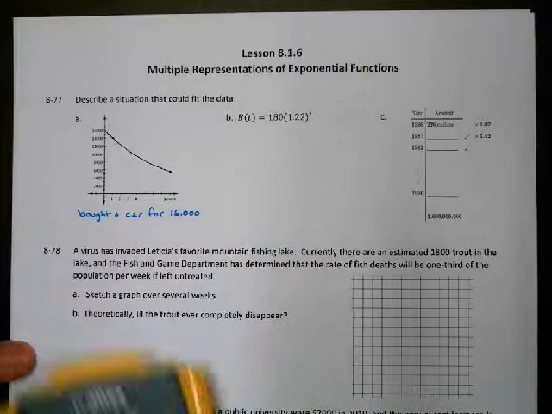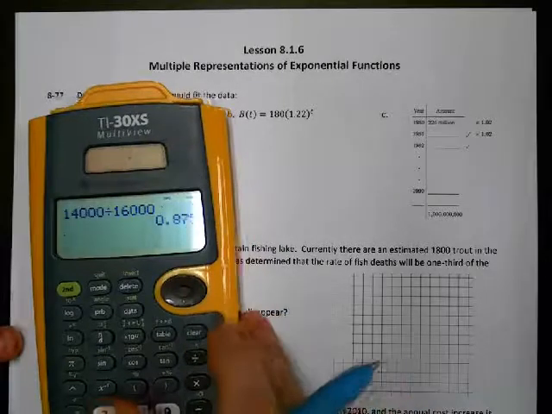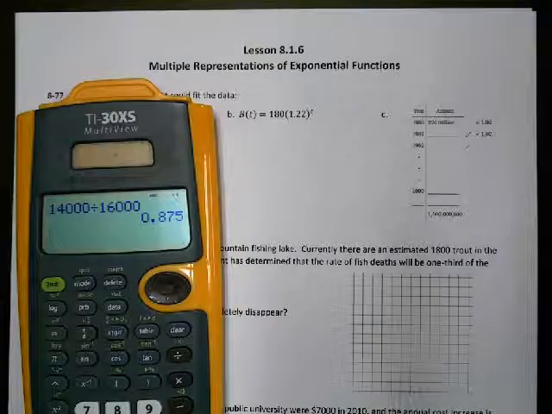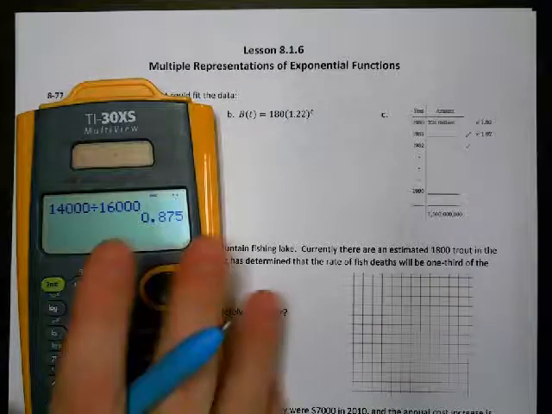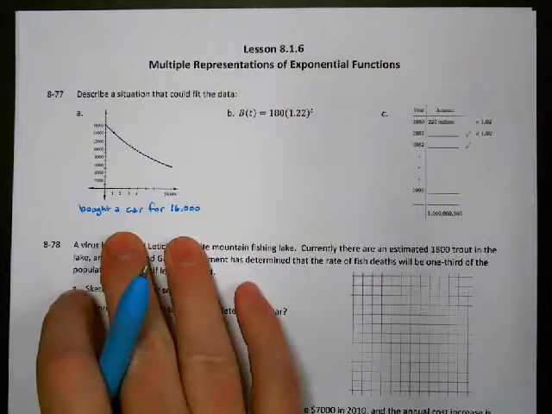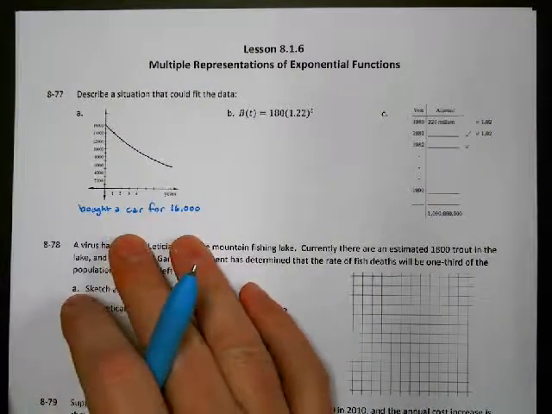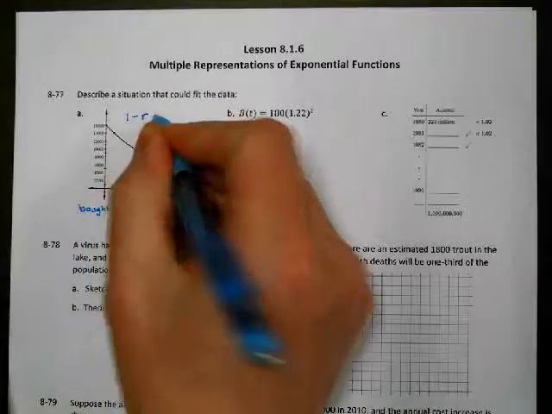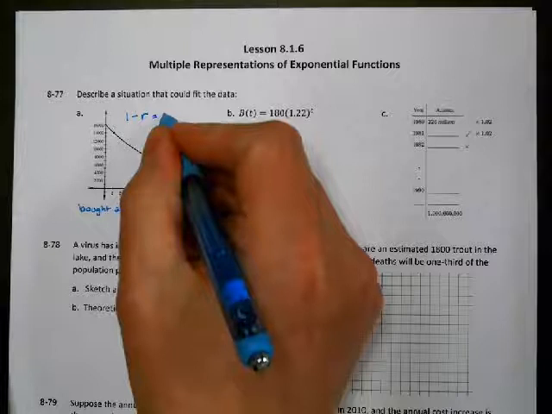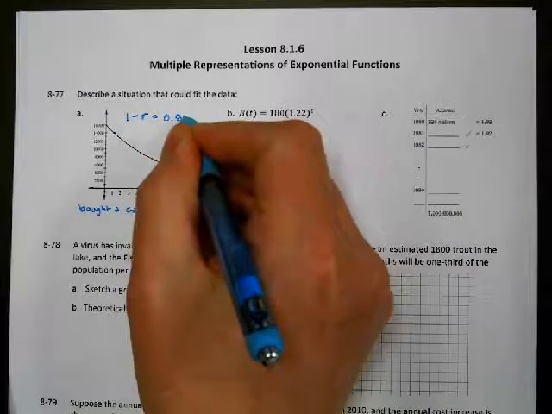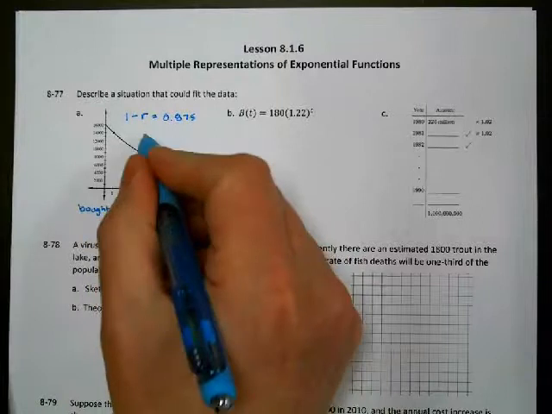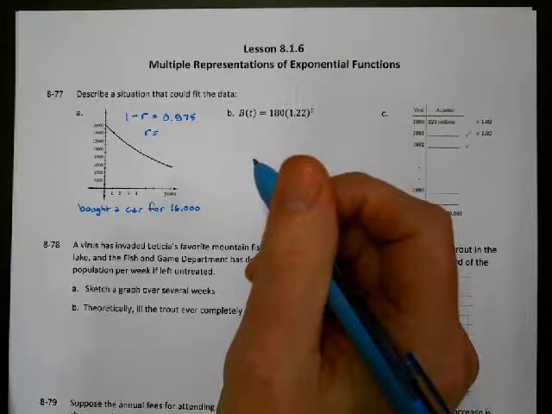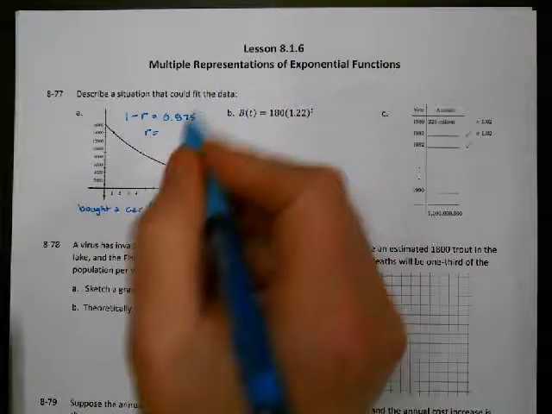Now here's the interesting thing. This 0.875, that's how much we're keeping every single year. That's not how much we're losing every single year. So usually we would think of this in terms of how much we're losing every year. So what we would do is we'd say 1 minus r equals 0.875. So r is the rate that it's decaying by, which would be, what's that, 12.5?